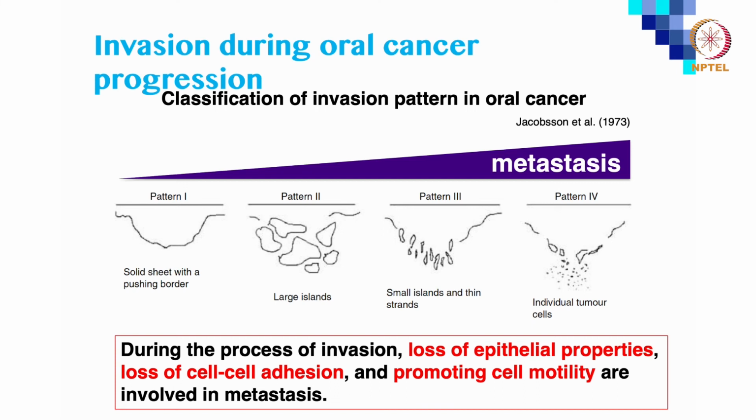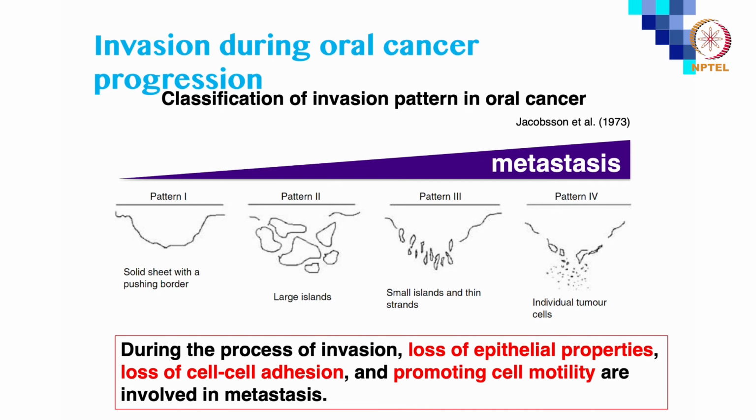Pattern 1 shows a solid sheet with a pushing border. Pattern 2 shows large islands. Pattern 3 shows small islands with thin strands. Pattern 4 shows individual tumor cells. Cancer cells showing pattern 4 easily metastasize.